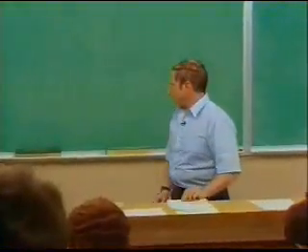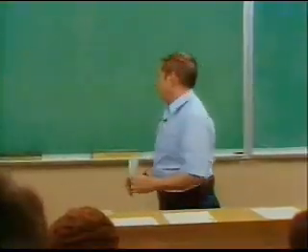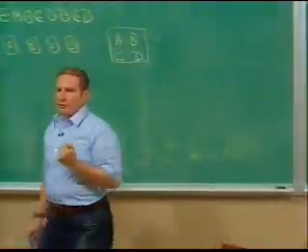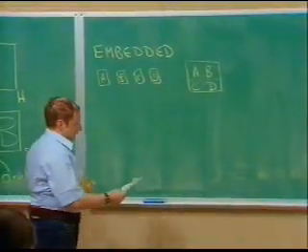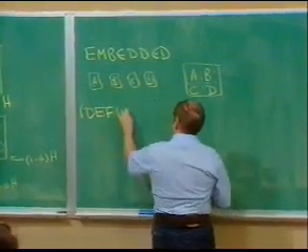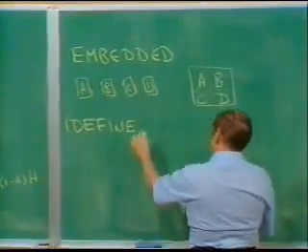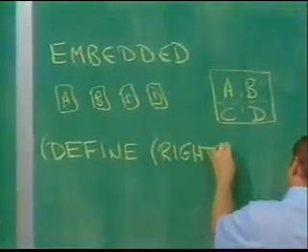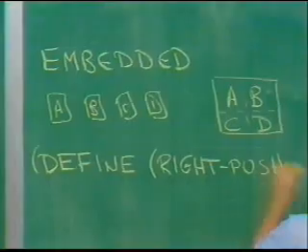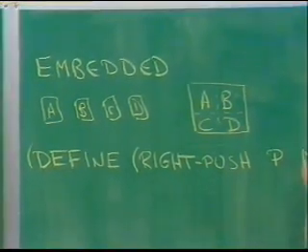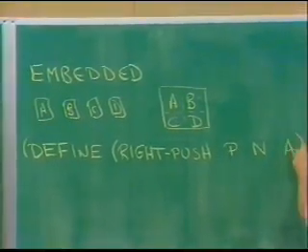Or, even more, suppose I wanted to use recursion. Let's look at a recursive means of combination on pictures. I could say define. Let's see if you can figure out what this one is. Suppose I say define what it means to right push a picture P, some integer n, and some scale factor a.